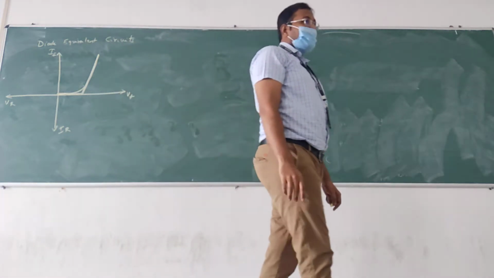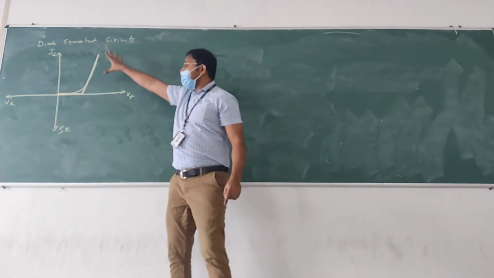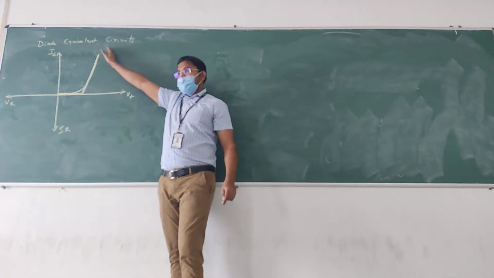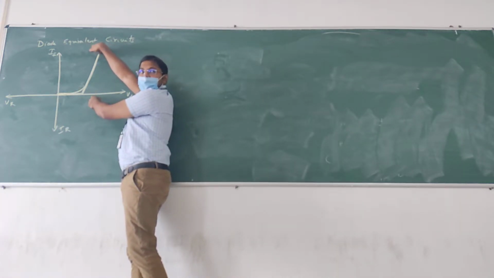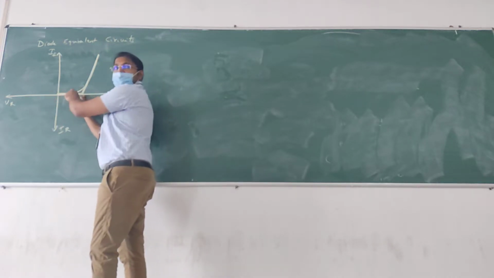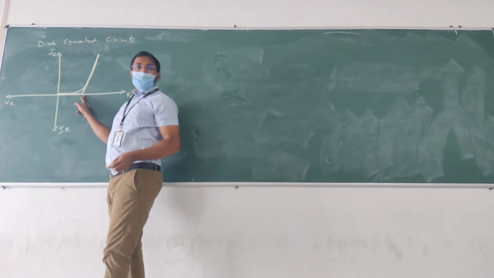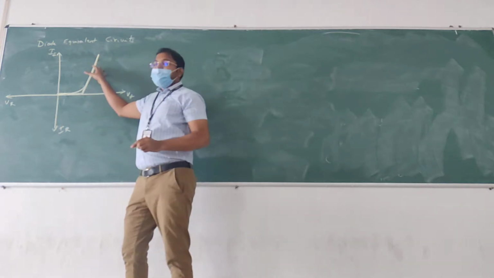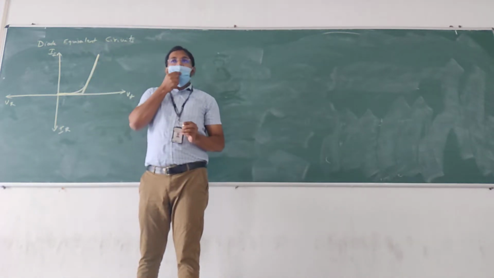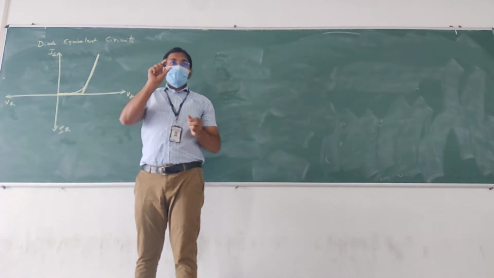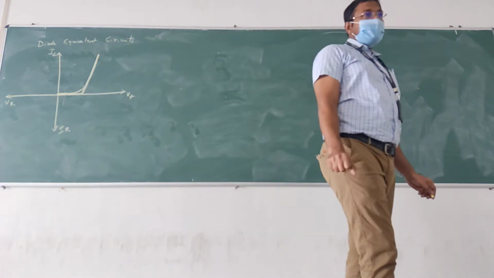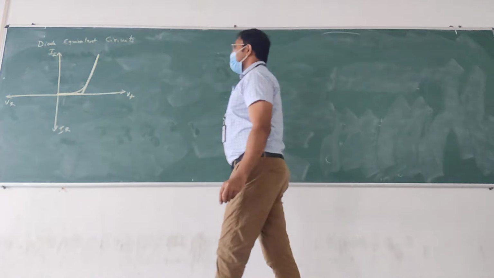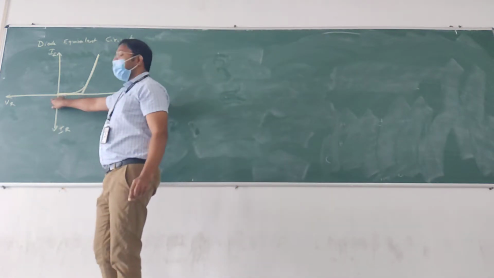We are dividing the diode characteristics into one part, one piece, another piece. That is the reason these characteristics are called piecewise. You are breaking into pieces. It is called piecewise linear characteristics.